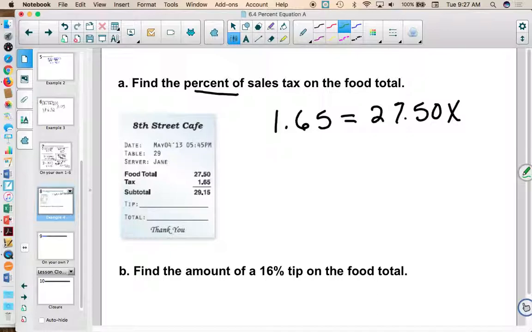Dividing. Jillian, why would I divide this one? You have to use the inverse operation because X is attached to the total of the food. Good. So I've got to divide.